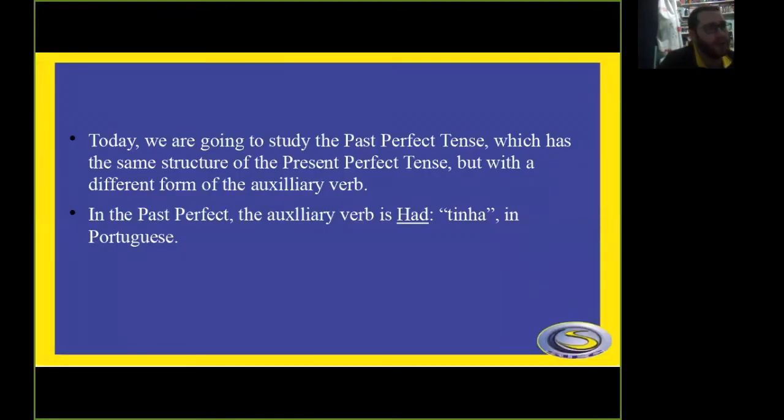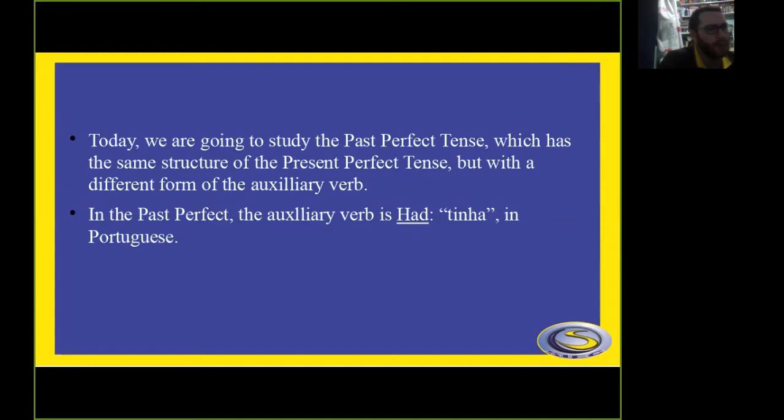The past perfect basically has the same structure of the present perfect tense. The only difference is that in the present perfect we use have or has, but in the past perfect we use had. This is just the main difference between the present perfect tense and the past perfect tense.